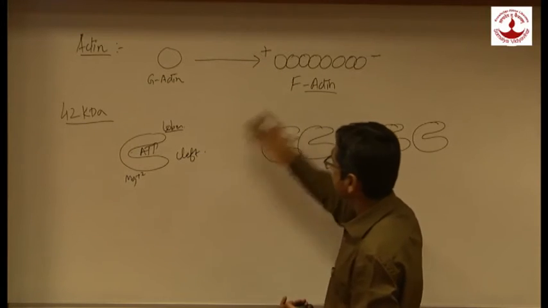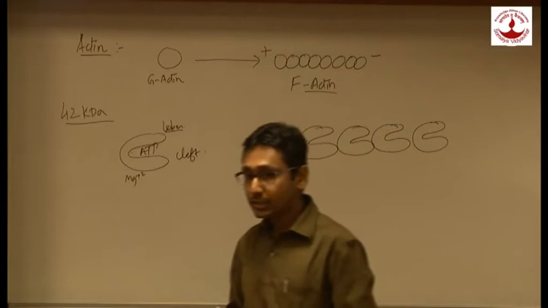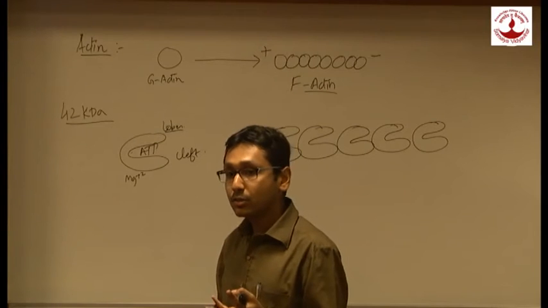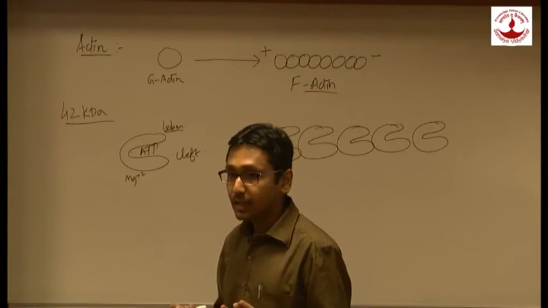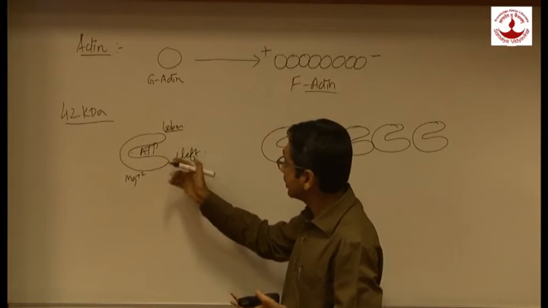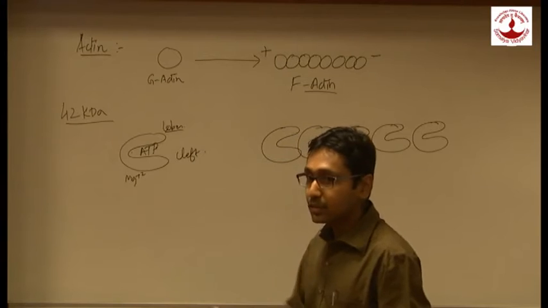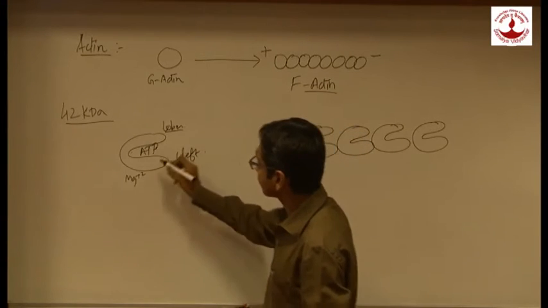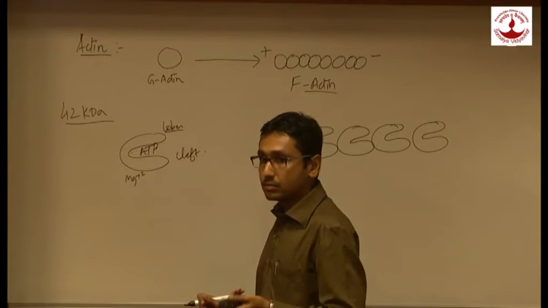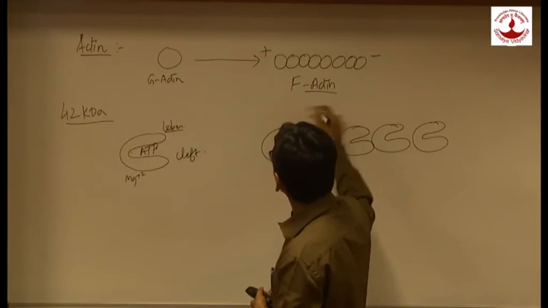A very critical question in understanding how actin performs its function is to understand why actin should bind to a nucleotide. Why does actin bind to ATP? In the further slides we'll see what the consequence is for the formation of the polymer.